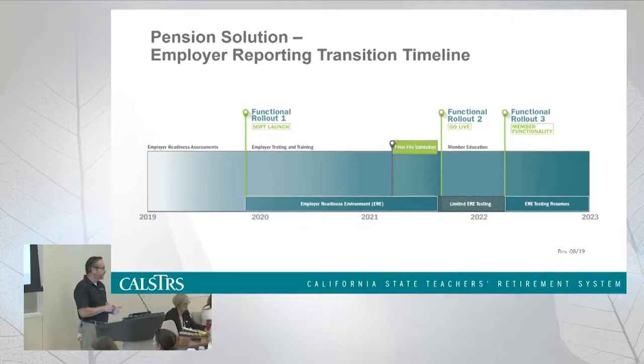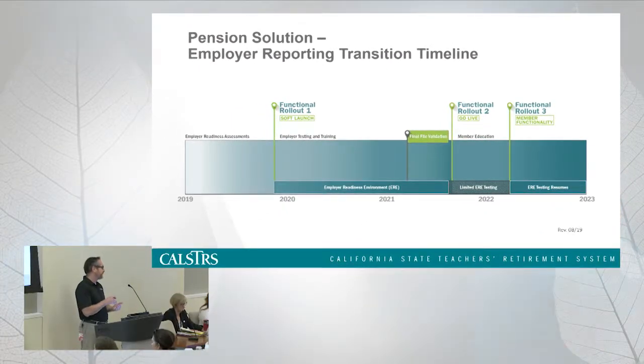Now, also, what you'll be able to do is upload new file format files as well. And so you'll be able to experience those new business rules and all the different functionality that's going to be introduced with that new file format.